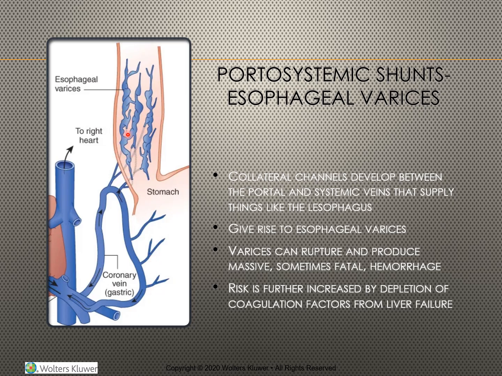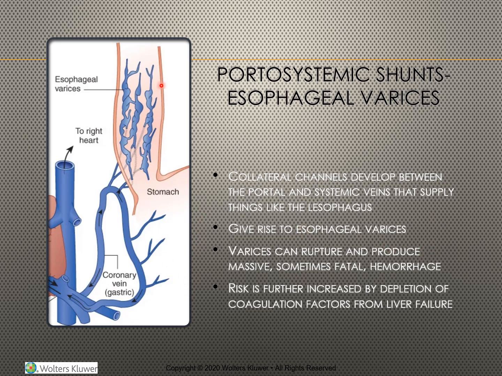And these new vessels are very fragile, and they can break really easily, but they start to just fill up with blood and expand. And these varices within the esophagus itself can rupture. And if there are enough of them with all of this really rich blood supply, they can lead to massive hemorrhage. And sometimes that hemorrhage is so severe that it can be fatal.